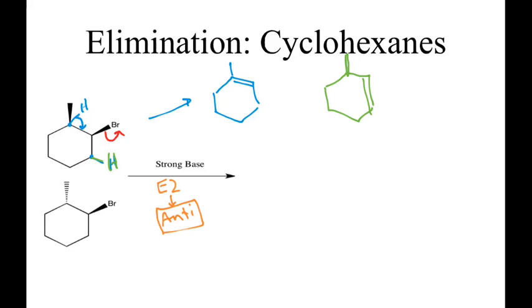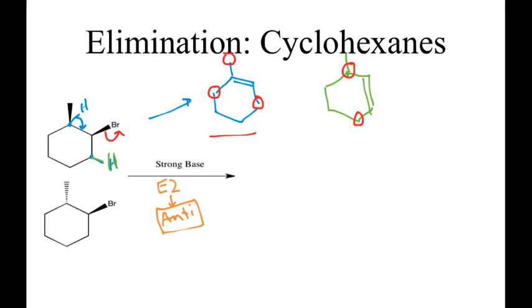So two possible products. Which one is favored? That's right, the blue one, because it's tri-substituted instead of di-substituted. So let's look at our substituents. There's 1, 2, 3 versus 1, 2. So according to Zaitsev's rule, we would predict blue to be our product.